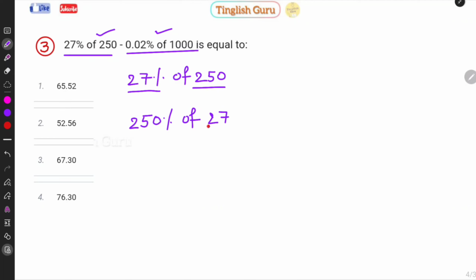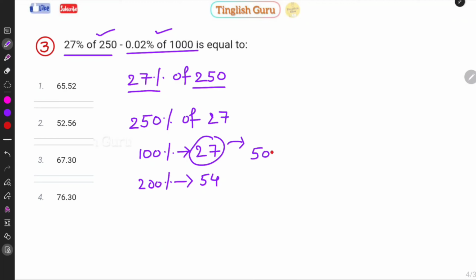What is 100% of 27? 100% of 27 is nothing but 27. And what is 200% of 27? 200% of 27 is nothing but double this value, that is 54. If 100% is 27, then what is 50%? 50% is nothing but 27 divided by 2, that is 13.5.